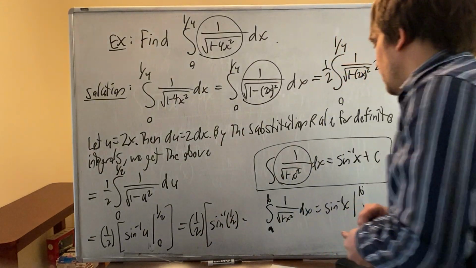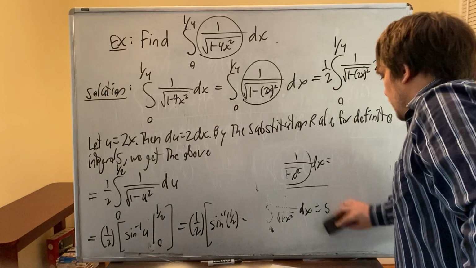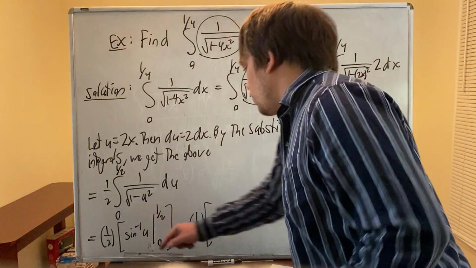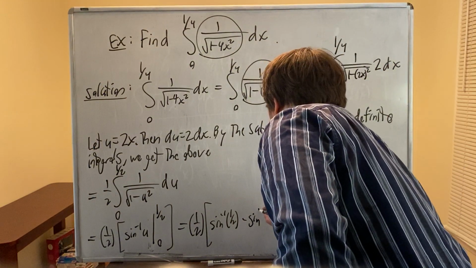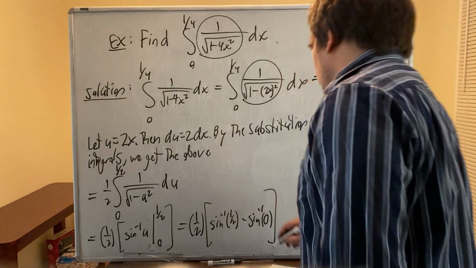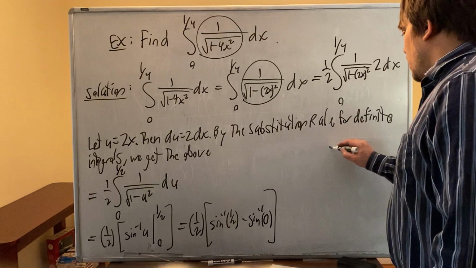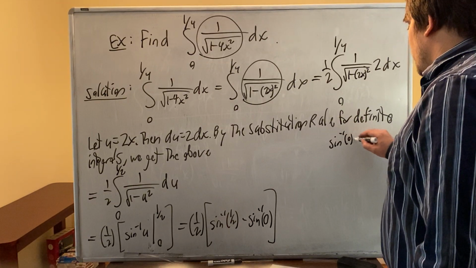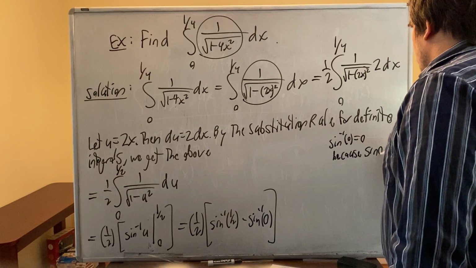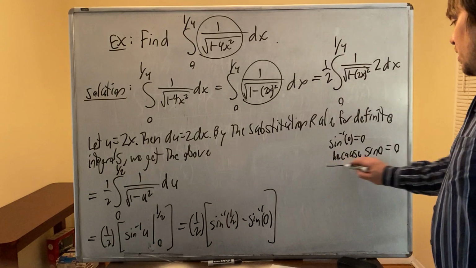minus, I'm going to erase this here. I used it. This is sine inverse of 1/2 minus sine inverse of 0. Sine inverse of 0 is 0. Alright, so sine inverse of 0 equals 0 because sine of 0 is 0.